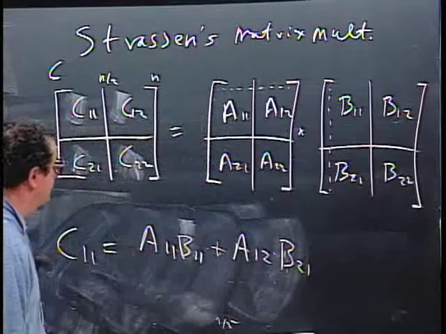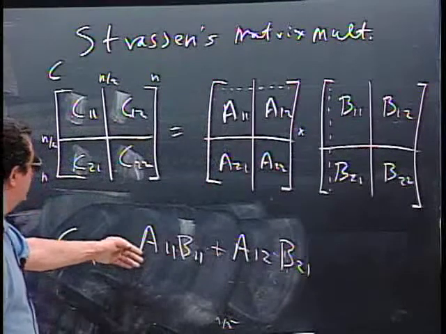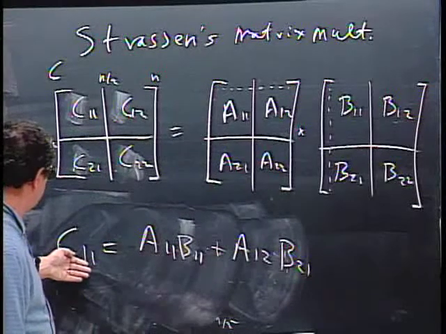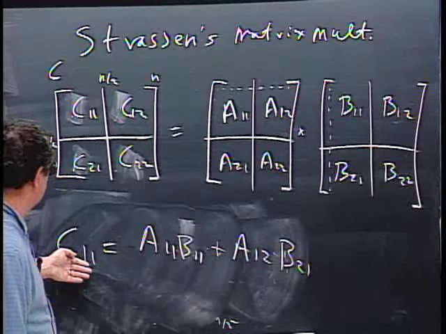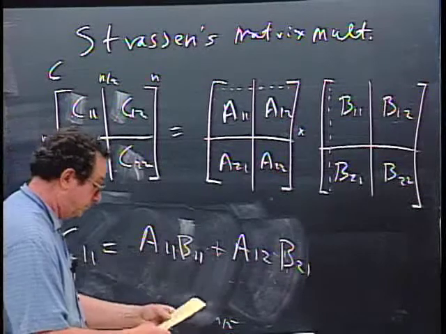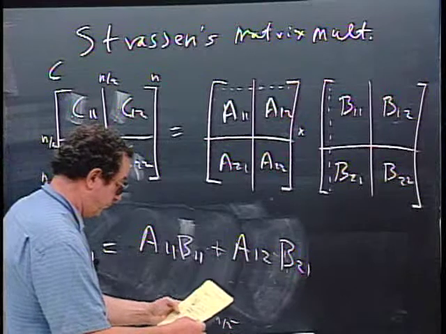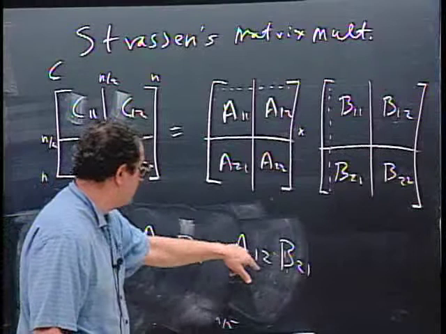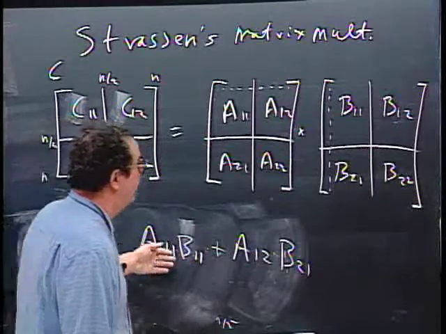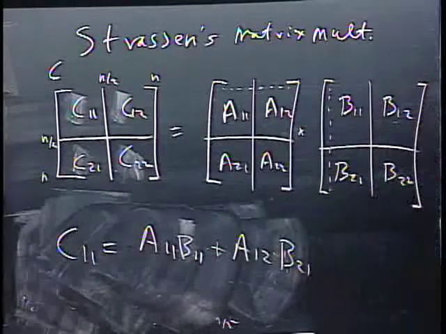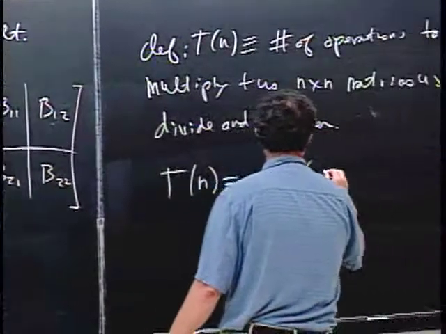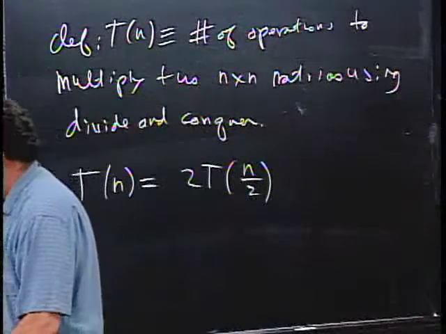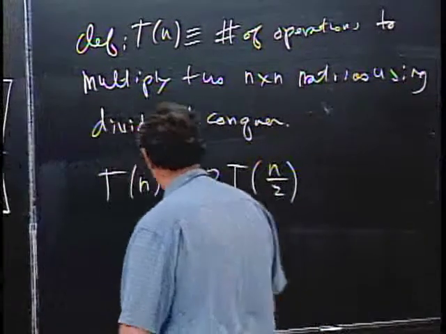So recursively, we have two multiplications here of submatrices of size n over 2, and one addition.